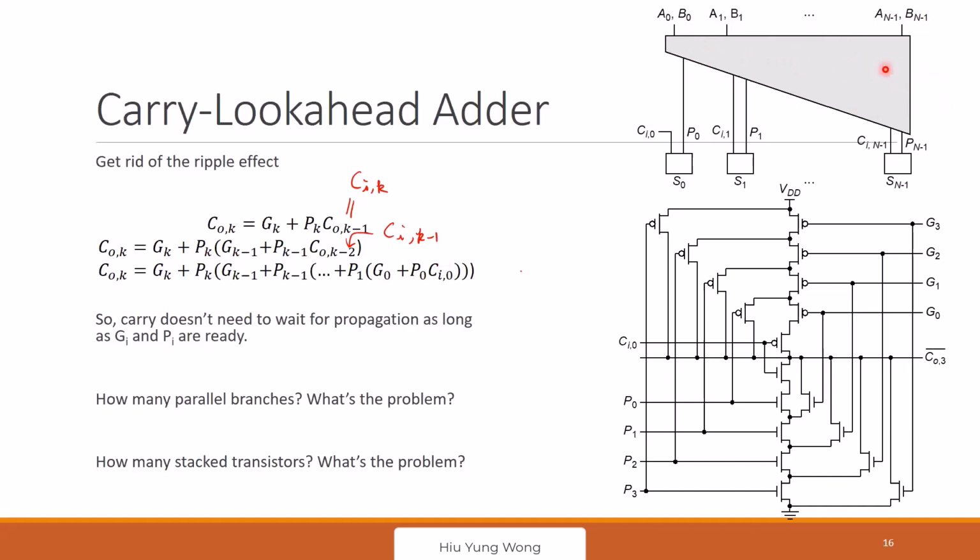I don't need to wait for propagation. So how do we do it? For example, this is a circuit to generate the carry out of the whole block. There's no ripple, it's not bit slice. We did not split into 4 bits. We just directly take P0 to P3, and G0 to G3, and also carry in to generate the carry out.